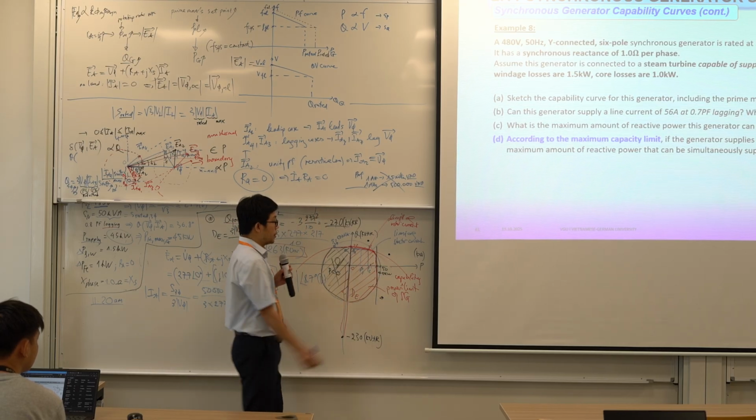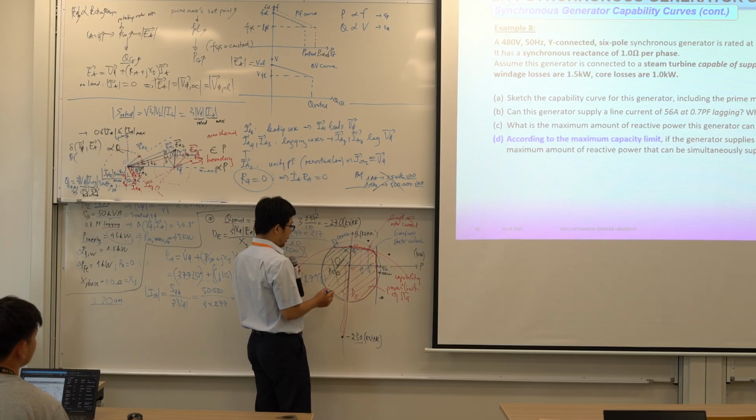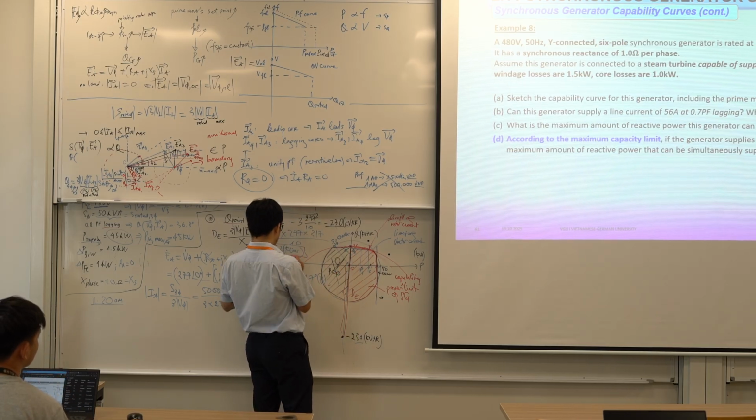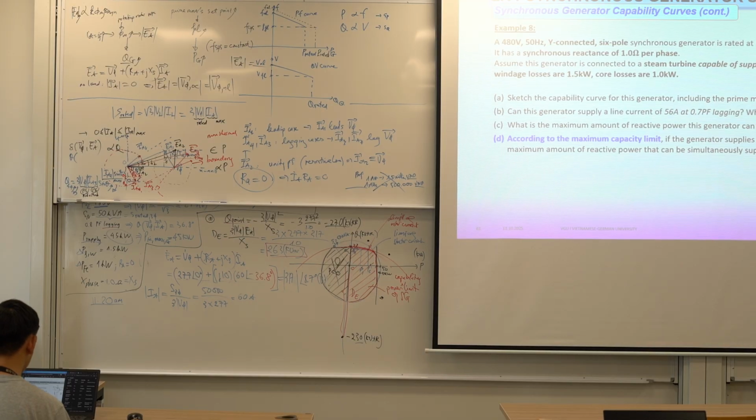But we know Qmax. This is 230 and this is 263, so Qmax is 33. Following the power capability limits, Qmax is 33 kVAR and Pmax is 45 kilowatts.